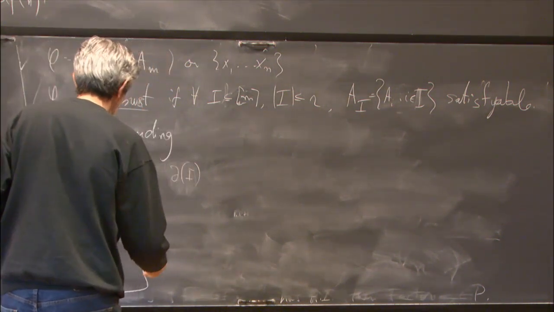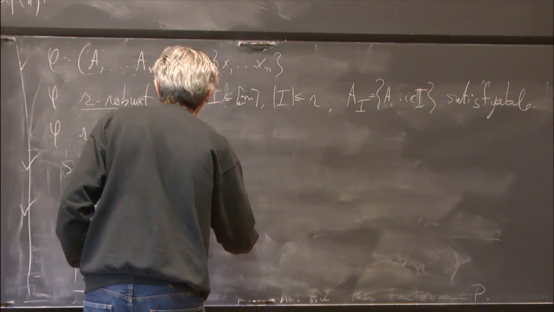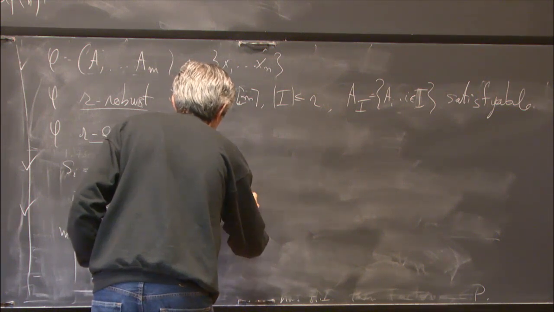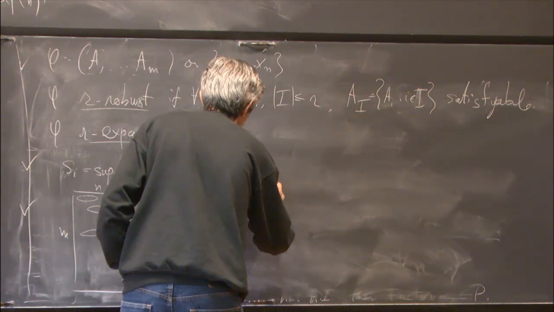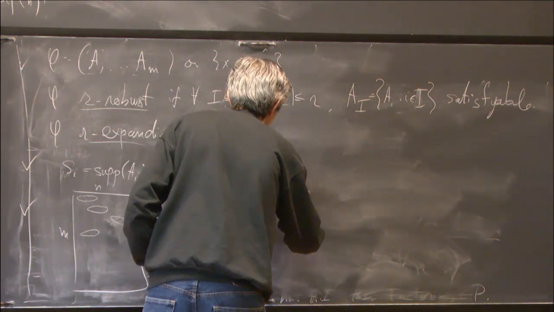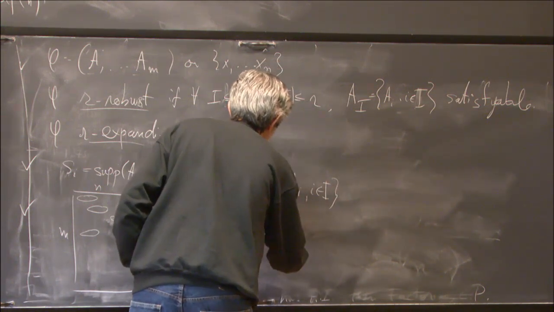Okay, so let's write it down. So the boundary of I is the collection of J in N such that J belongs to a unique S_i, i in I. So this is unique.